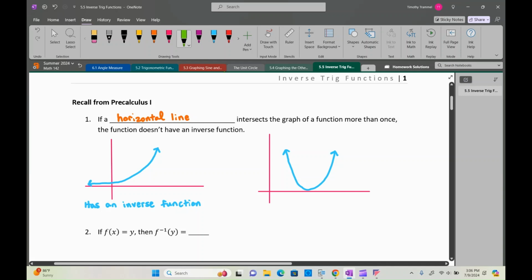For instance, we could find this horizontal line right here that goes through it more than once. Okay. As opposed to over here, every horizontal line I sketch on this side will only go through the graph once, never more. Okay. So that second one that we sketched does not have an inverse function.